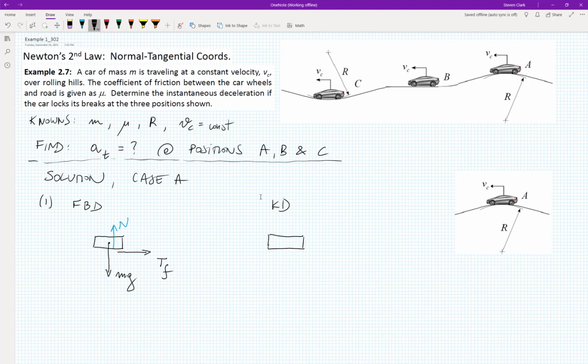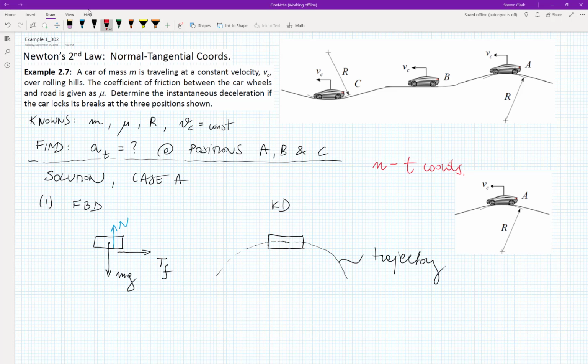Okay. And now the KD. This is the first difference and probably the only difference between what happened last time and today. So this is our trajectory, yes? Our car follows this circle, right? This is our trajectory. It's clearly a curvilinear motion, right? So I decided to express this motion in the n-t coordinate system.